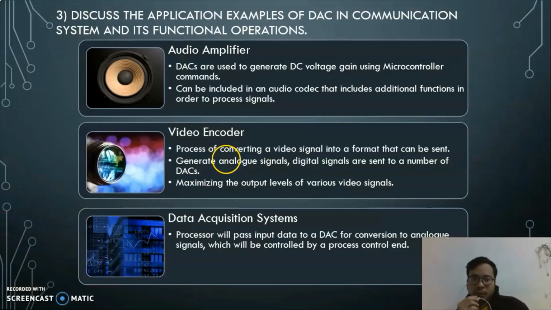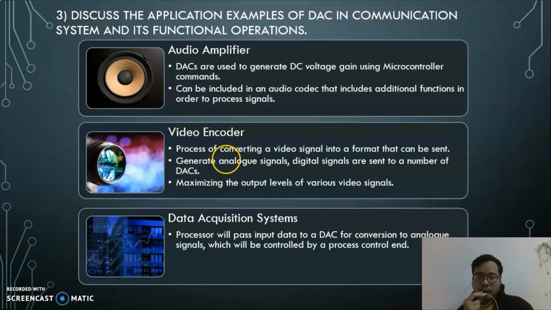Okay, for question 3, discuss the application and example of DAC in communication systems and its functional operation. First, DAC is used in the audio amplifier, where DAC is used to generate DC voltage using microcontroller commands. It can also be included in an audio codec that includes additional functions in order to process signals.